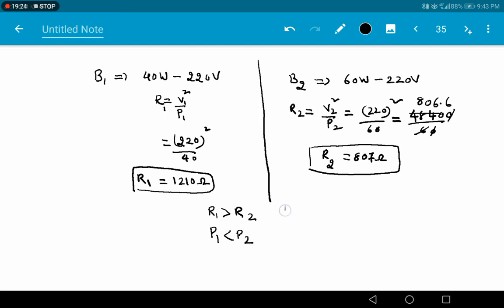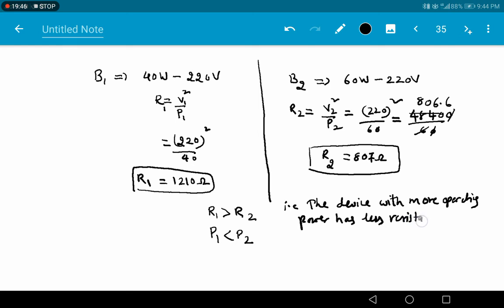That means we can say the device with more operating power has less resistance. This is the conclusion we can get. Okay, now as the operating power is more, its resistance is less. That means in these two, the 60 watt bulb has the less resistance.